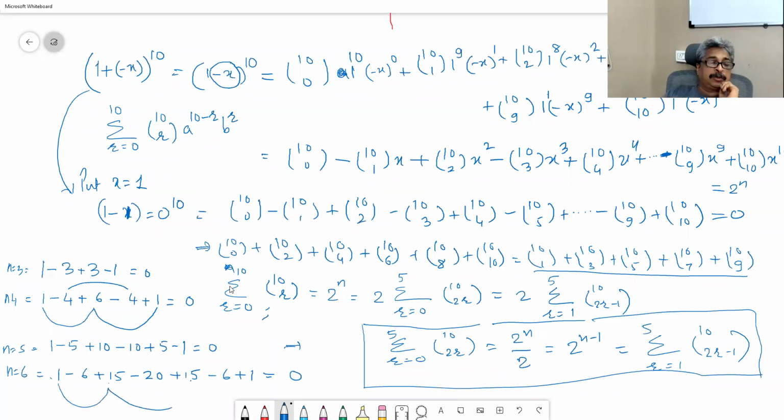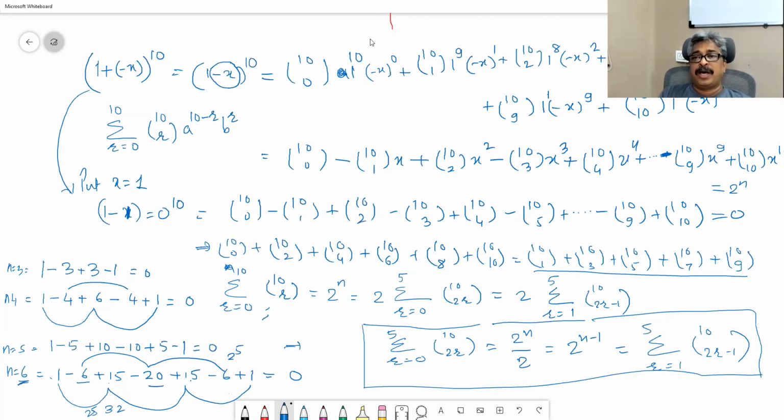Therefore, this plus this plus this plus this is 32, 2 raised to 5, power is 6, n is 6, answer 2 raised to 5. This plus this plus this is 2 raised to 5, n is 6. So all odd ones add up to 2 raised to 5, all even ones add up to 2 raised to 5.